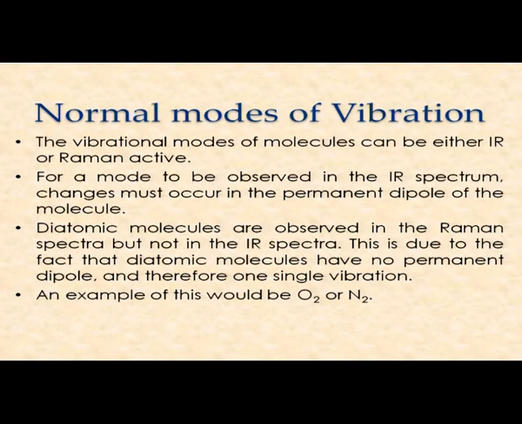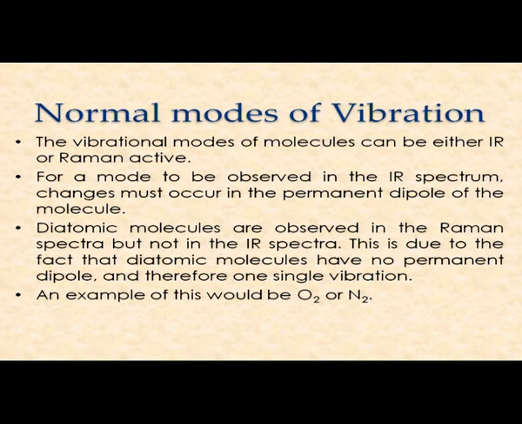Combination of the motions of all atoms gives the molecular motion. That is why it is said that a molecule has translational and rotational motion as a whole, while each atom has its own motion. The vibrational modes of molecules can be either infrared active or Raman active.